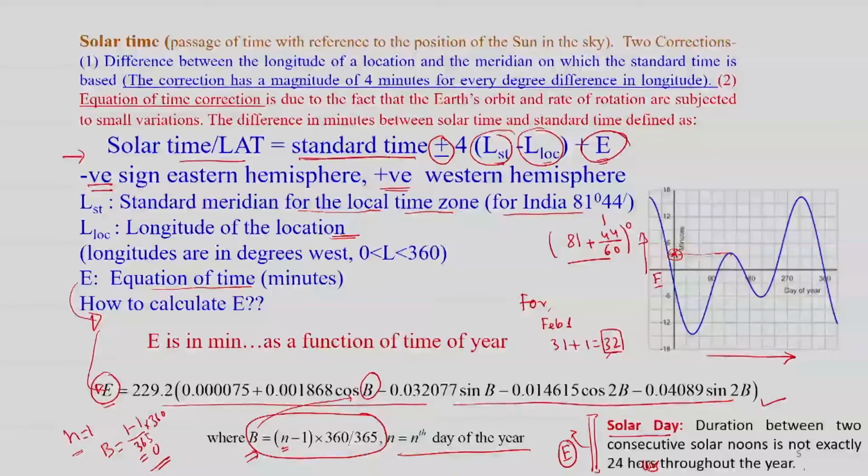In order to calculate the local apparent time, we need many parameters: the standard time of that location, the standard meridian for the local time zone, the longitude of the location, and the E value, or equation of time. This can be calculated by using the equation here, or we can use this plot. Also we have defined solar day. This variation is always there throughout the year, so we need to take care of that.